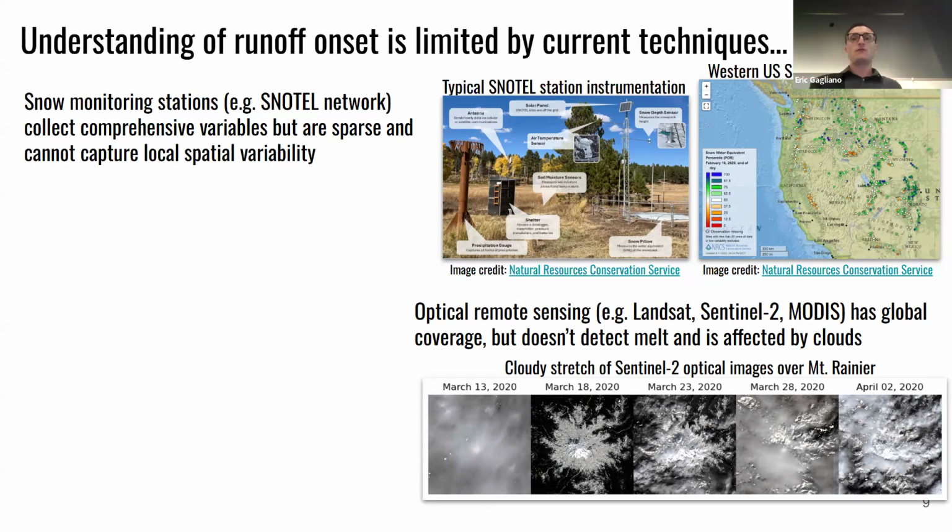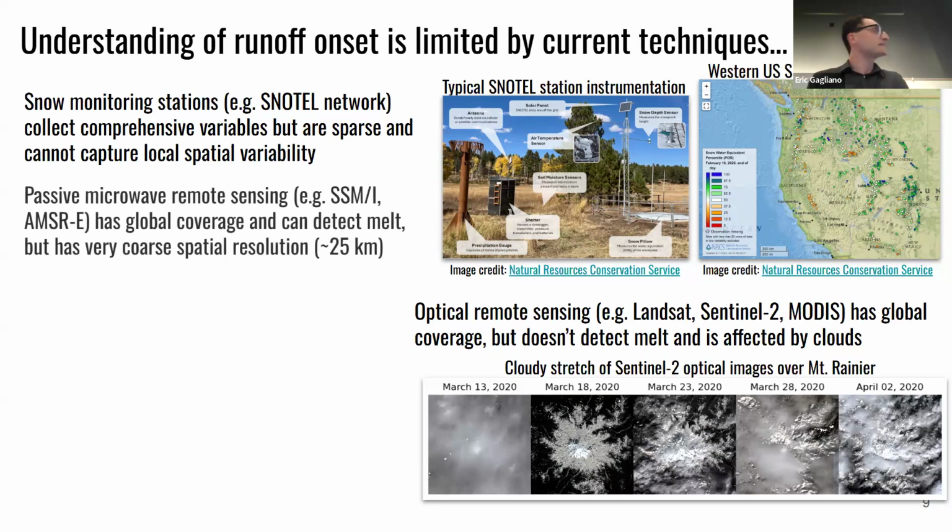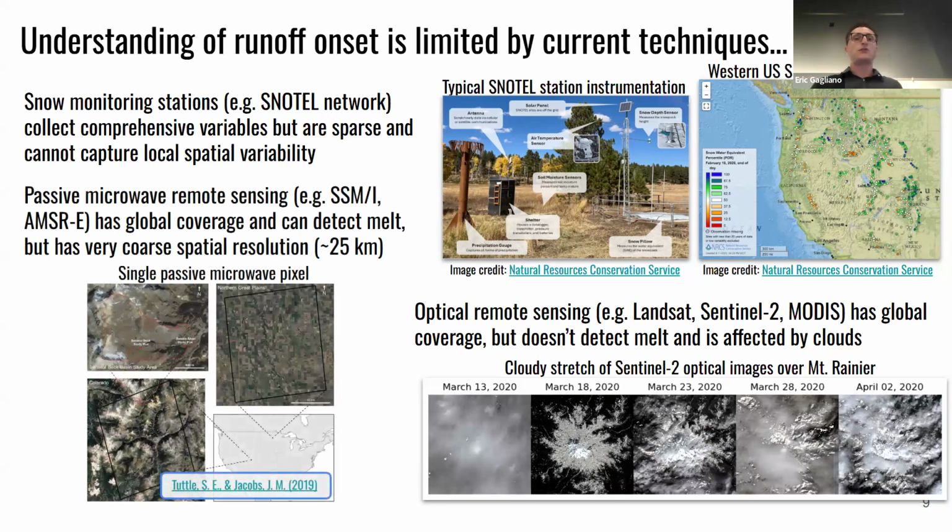One of them is optical remote sensing. So just looking at satellite imagery that you can see with your eyes. And unfortunately, clouds are very common during the melt season, so that makes it a little bit harder to use that. There's also passive microwave remote sensing. And I won't get into the details of this, but just know it has very coarse resolution. So you really can't get any sort of fine scale spatial detail.